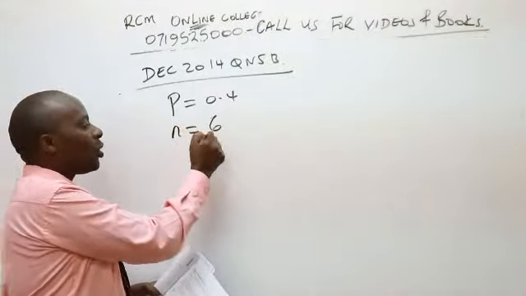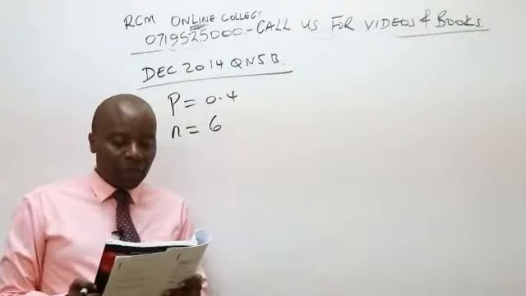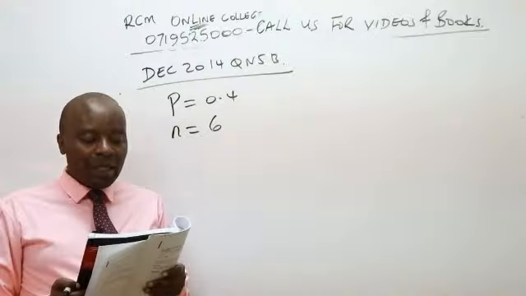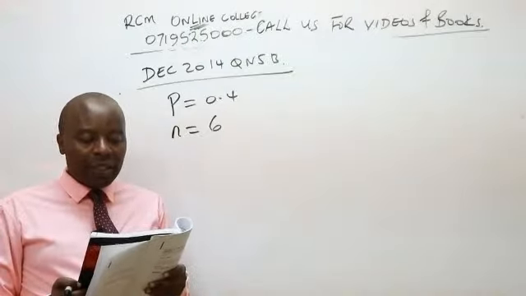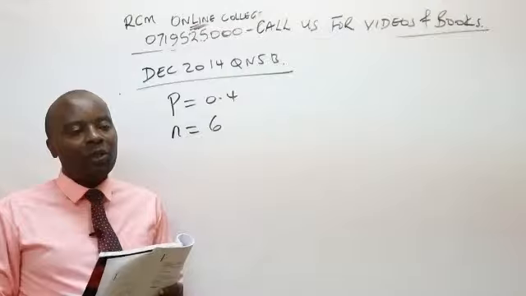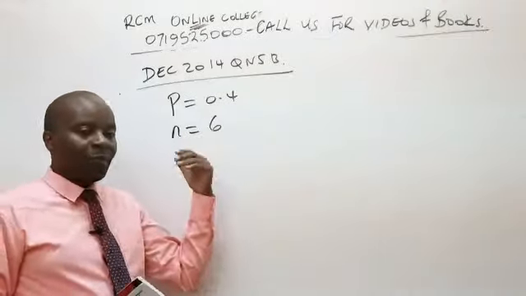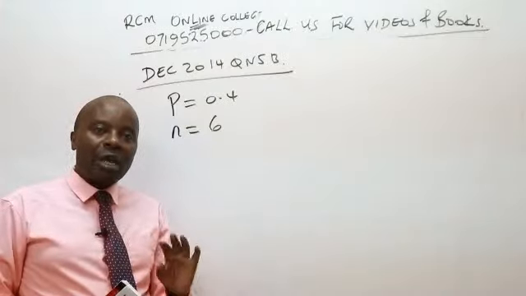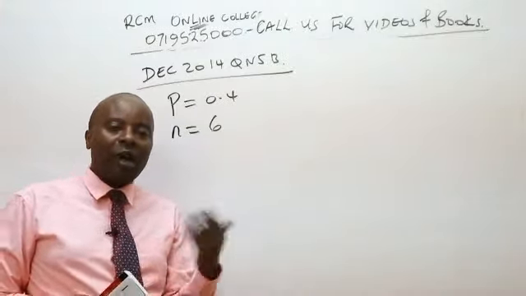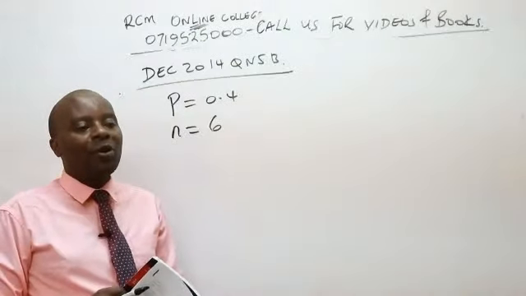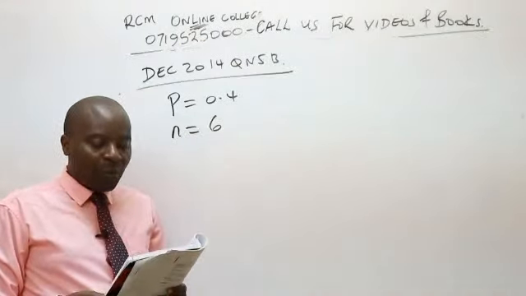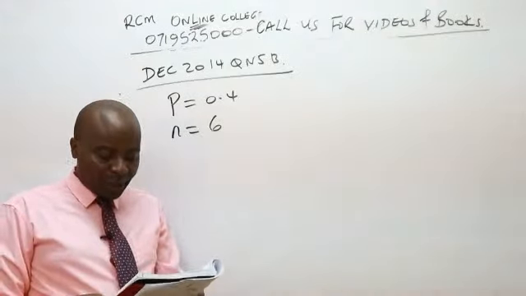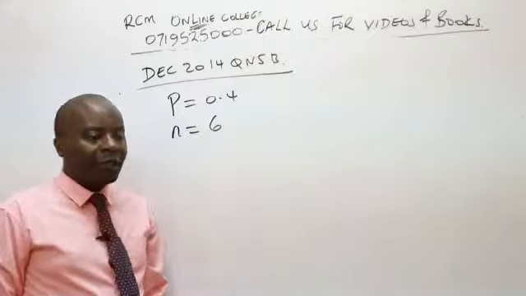So our N there is 6. The probability that only one household was affected is too huge, 40%. And given that we have only 2 possible outcomes, either you are affected or not affected, the better model to use to ascertain these probabilities will be the binomial model.